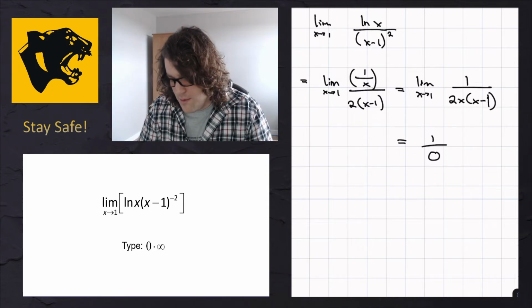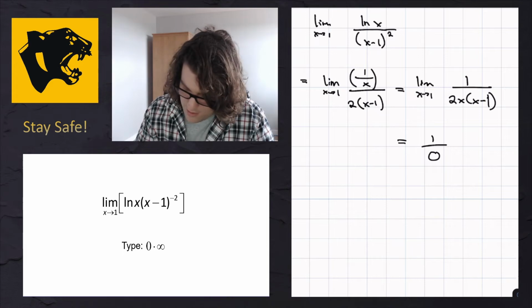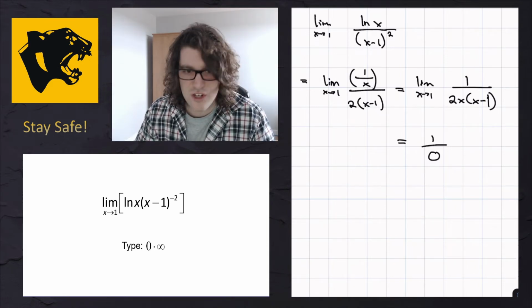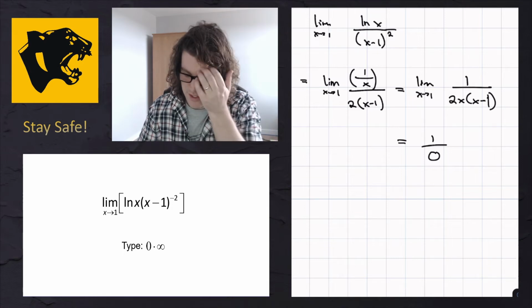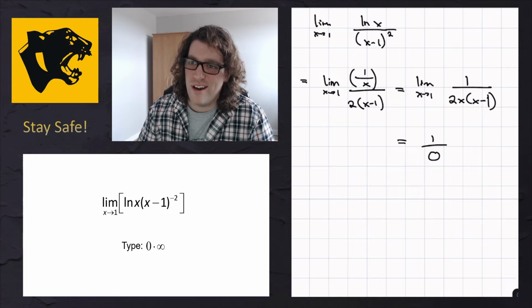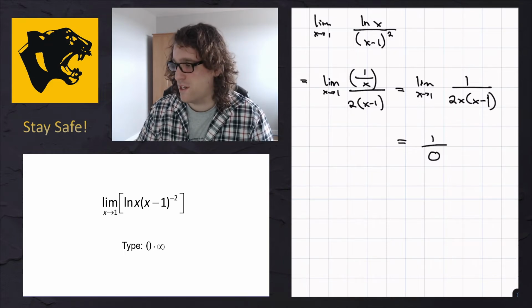Now, dividing by 0 in this case is going to make this extremely large. And so it's not a 0 in the numerator. We get a finite value divided by something very small, so very, very large.